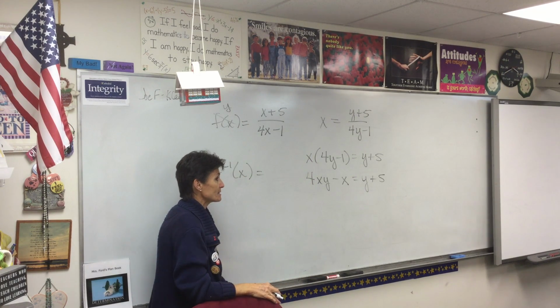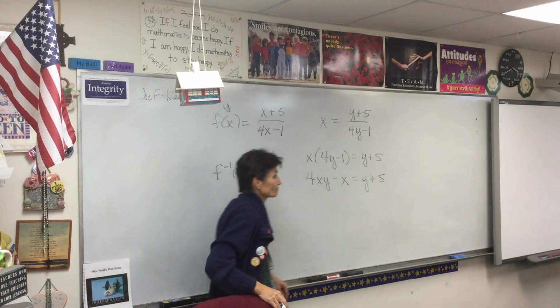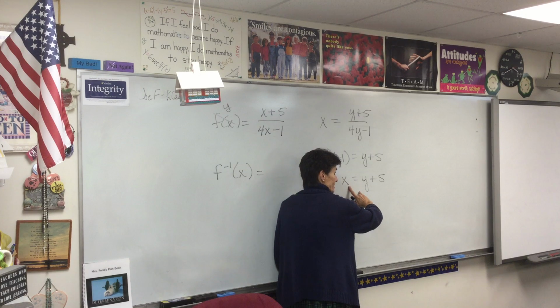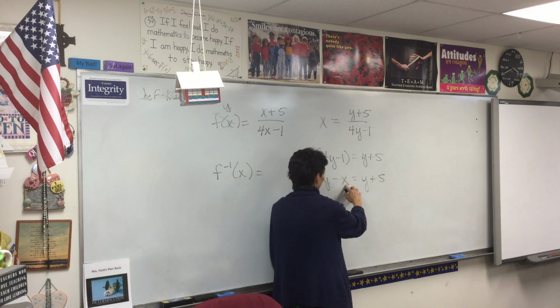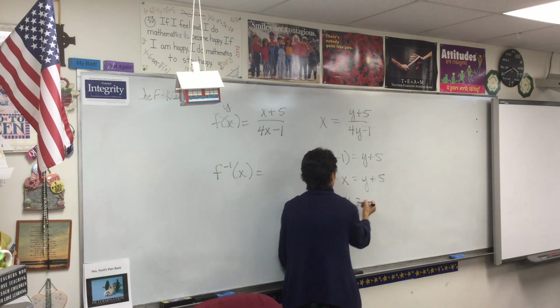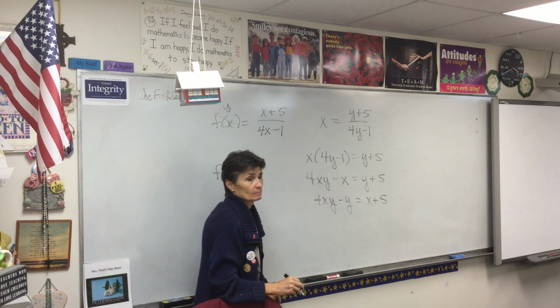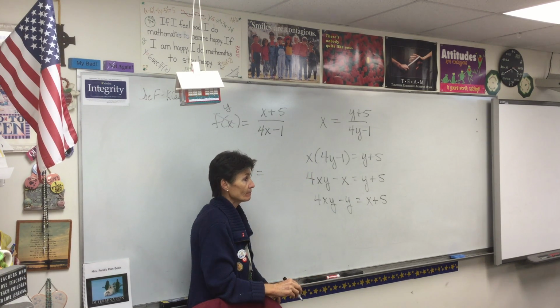Chase, you know what happens now? You did the distributed there. You switch the x and the y. These two have to switch places because the rule says the y's have to be on the same side. So we'll bring the y over and add the x over. Right? Rylan, what happens next?